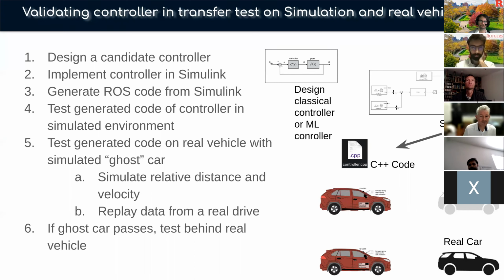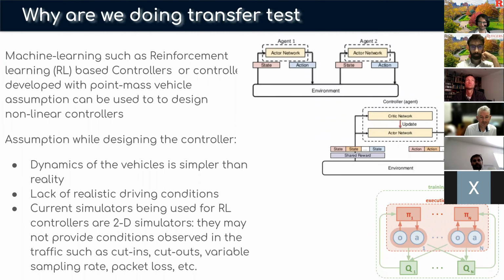Then we gather the data and look at how the controller did. Similarly, we also tested a number of machine learning based controllers, to see how they behaved in the transfer test, coming from being trained in one kind of environment, a microsimulator called SUMO, and then testing them in the field.